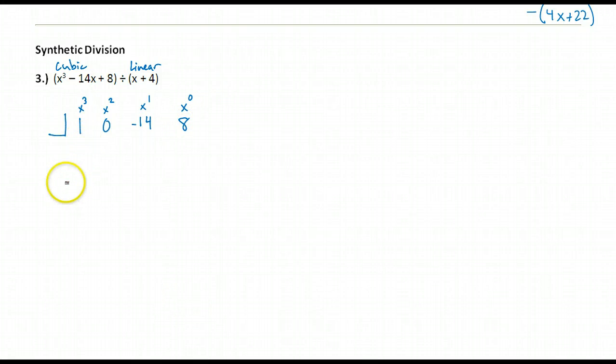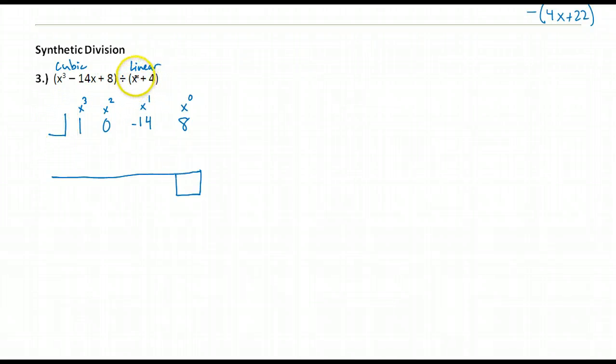Now I'm going to skip a horizontal line and put a horizontal line in with a box below my constant to catch my remainder. And inside this box, I'm going to write down the 0 of this linear polynomial. The trick is, I don't want to write down 4 here.